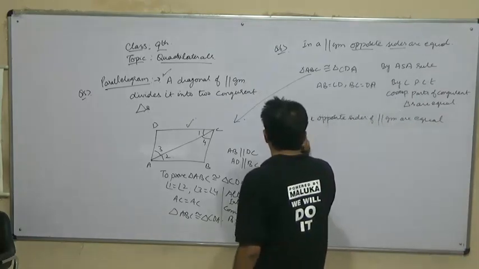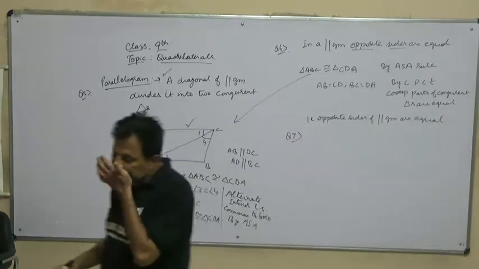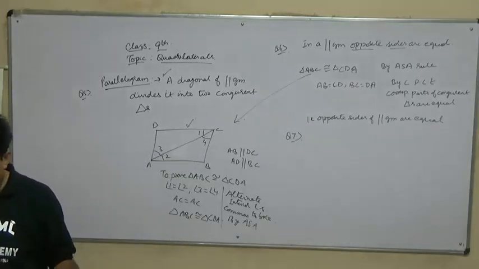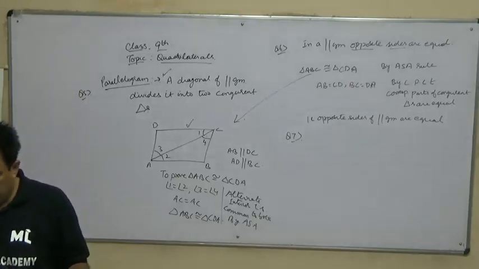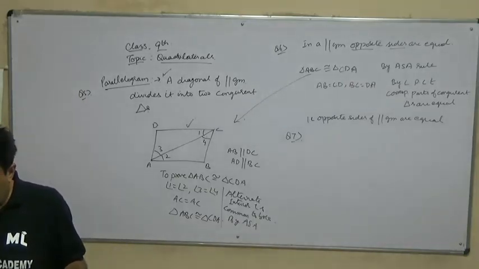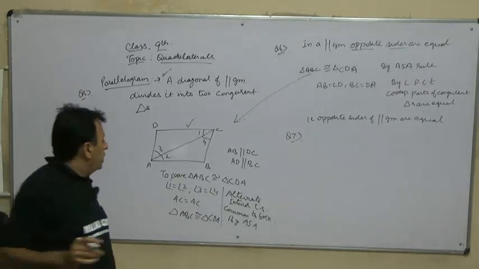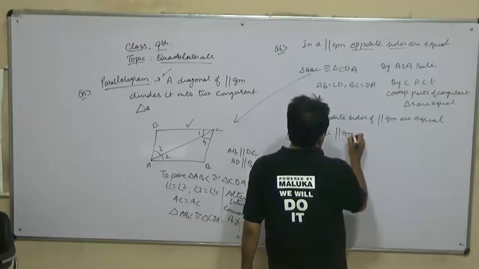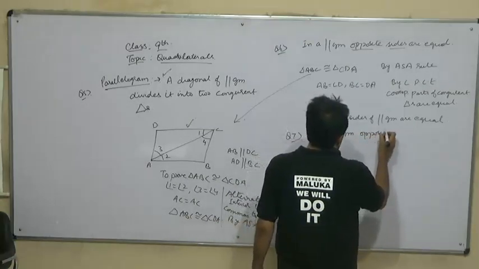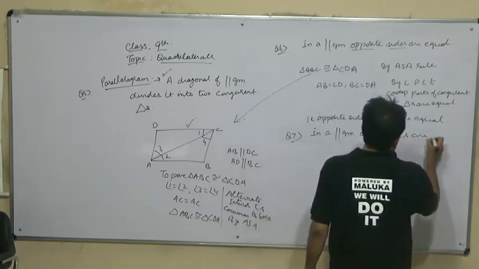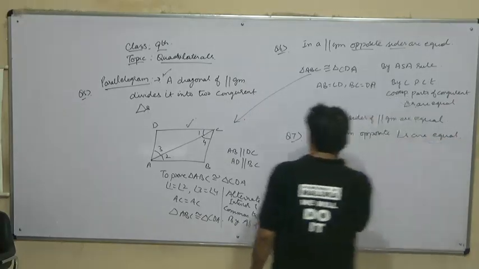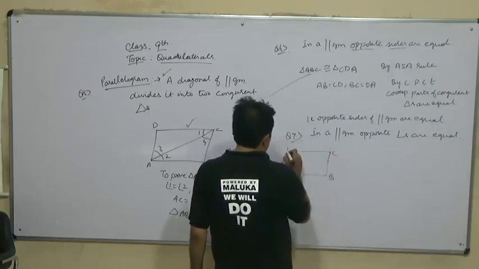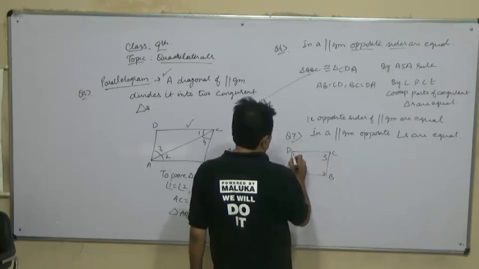Then the seventh question in this is, again we use the same criteria. In a parallelogram opposite angles are equal. So we take a parallelogram here ABCD, with angles 1, 2, 3, 4.